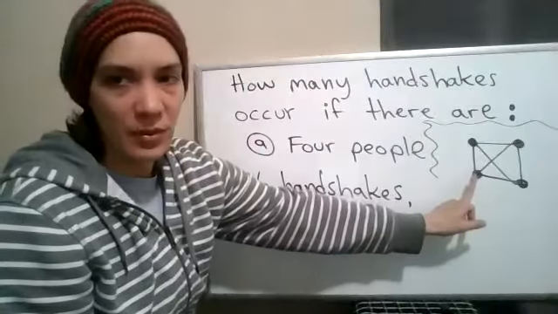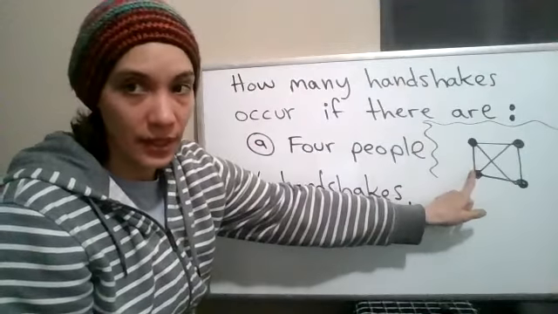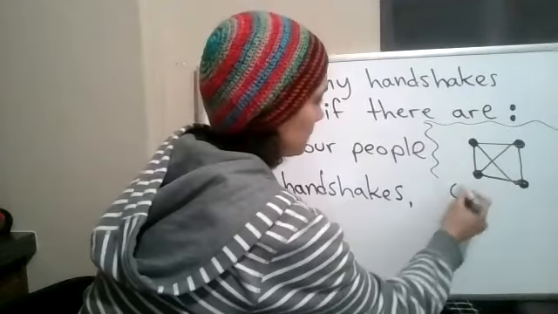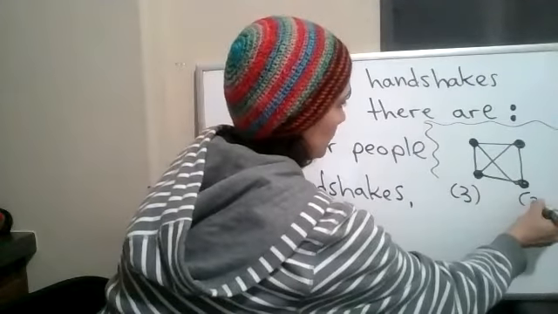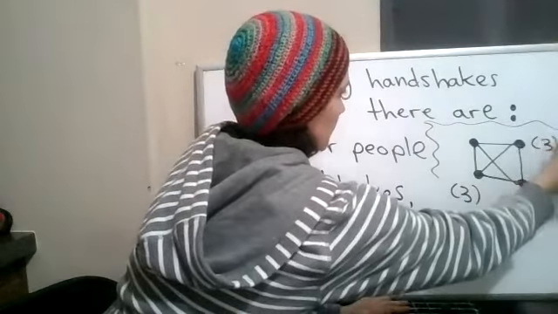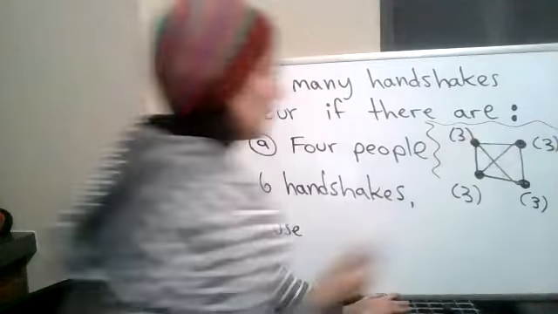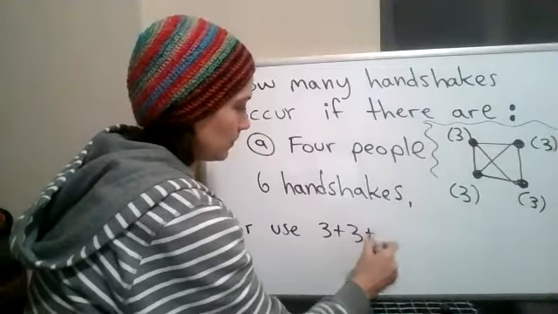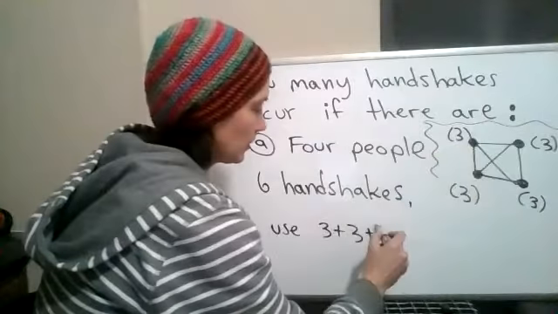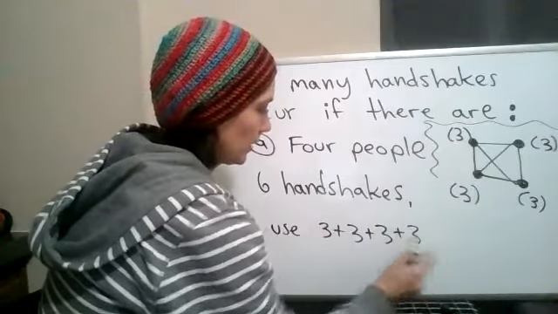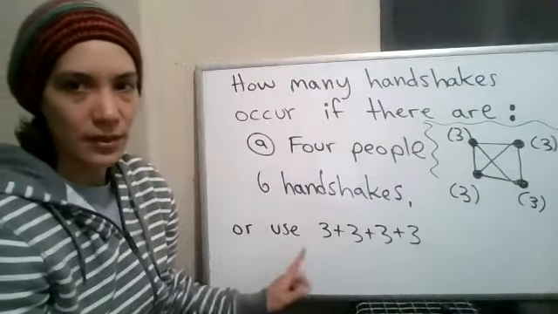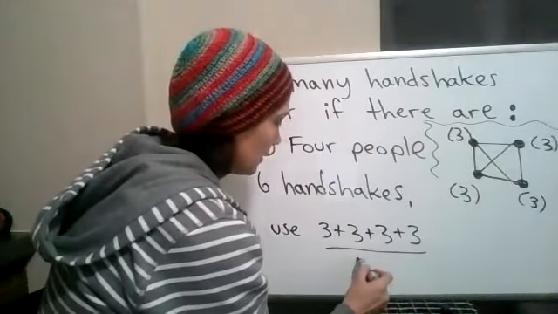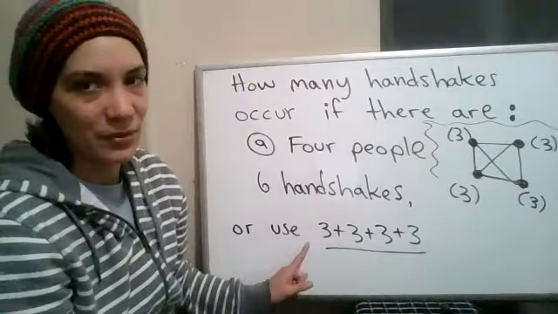Okay, so you get the sum of the degrees. This is degree 3, degree 3, degree 3, degree 3. One, two, three, four of those. And then divide by 2. So it's the sum of the degrees divided by 2.